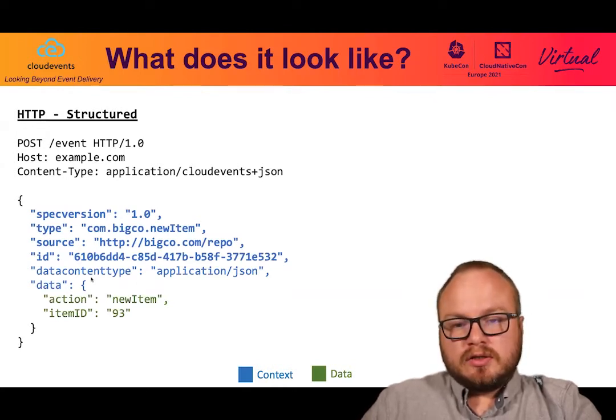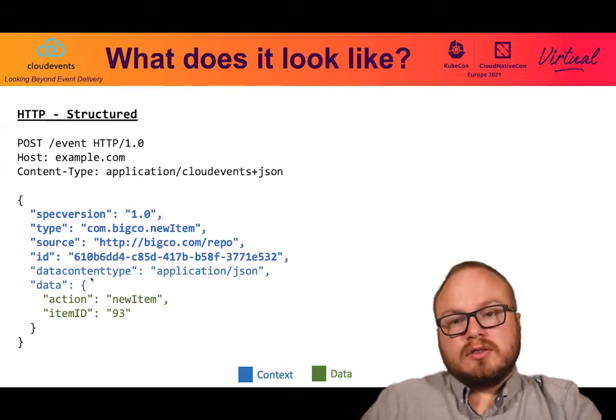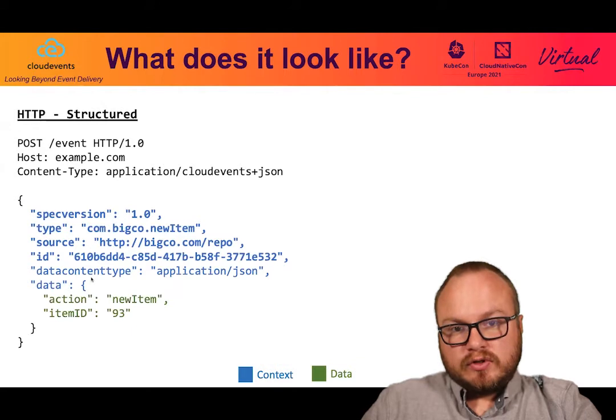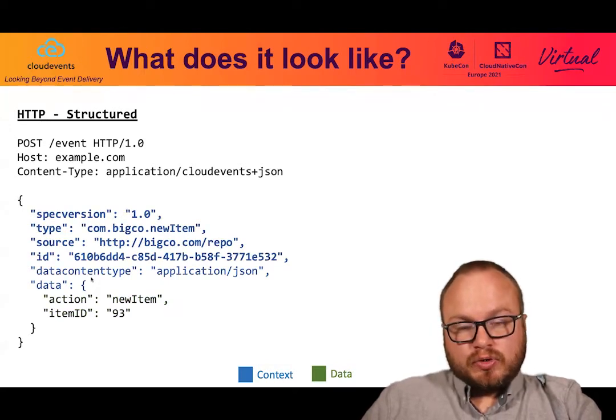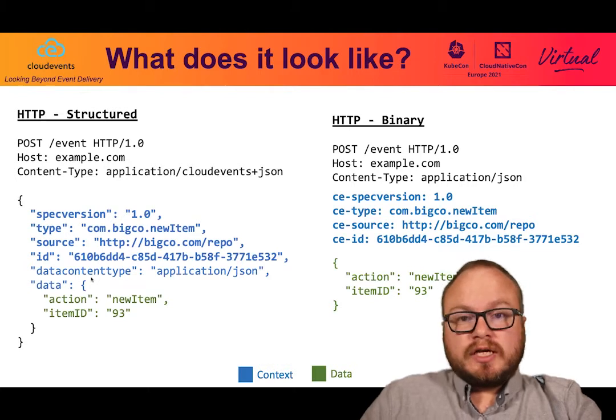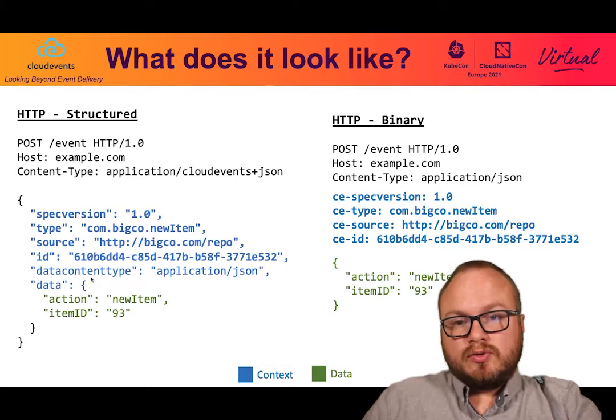Then a data content type, and finally inside data you'll find the actual event sent by the system with all its specific attributes. As we manage different transports, we can also look at the HTTP binary transport, where all the metadata are transferred inside the headers of the HTTP request, and the payload contains only the content of the event.